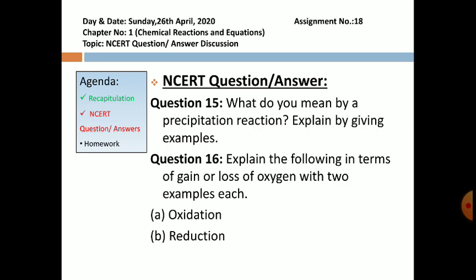Second example, copper oxide when it reacts with hydrogen gives copper and water. Loss of oxygen is there in copper oxide. It becomes copper. So copper oxide is reduced to copper.